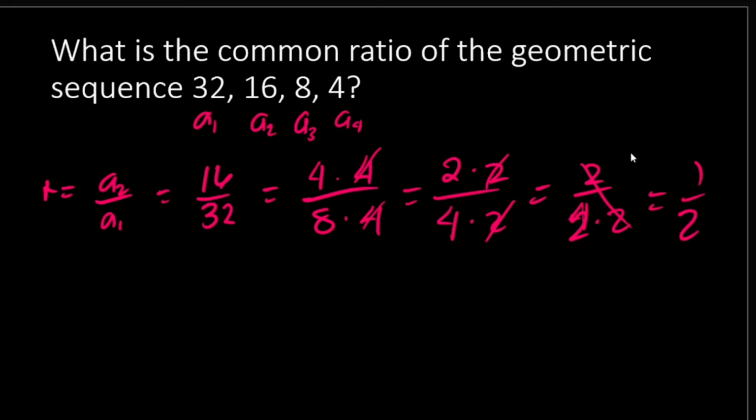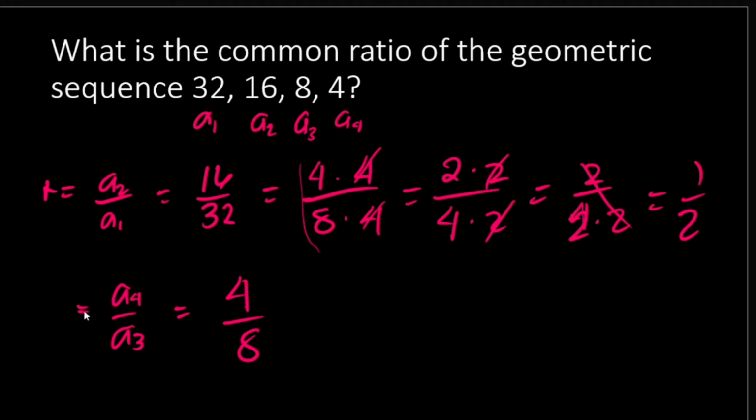So if this is a geometric sequence, I should be getting 1/2. Let's try a sub 4 over a sub 3. So 4 over 8, we know that's equal to this expression right here.